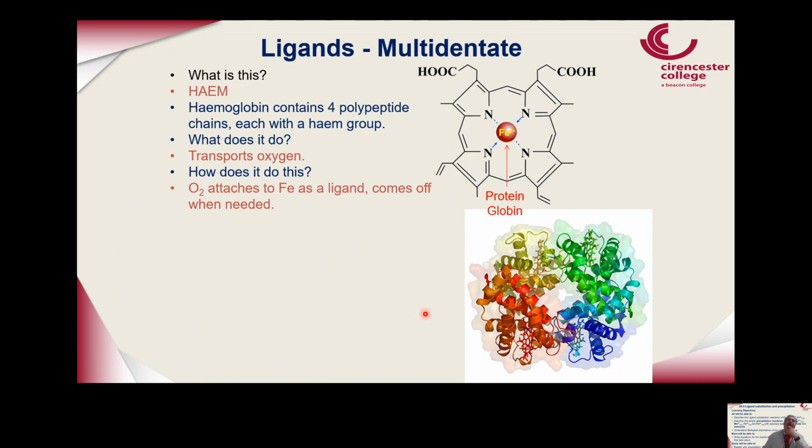How does it do this? O2 attached to Fe as a ligand, comes off when needed. How many O2 can attach? 1 per heme. So we're only getting 1 attached here, 1 to the heme. But because there are 4 of these in the molecule, we can carry 4 oxygens per hemoglobin.